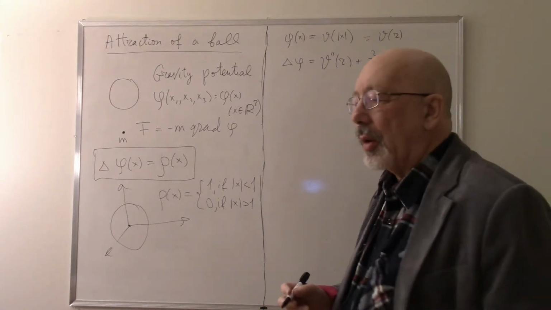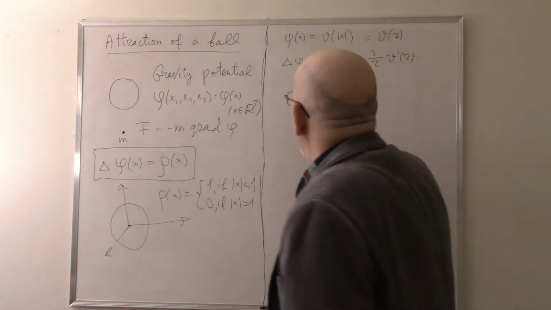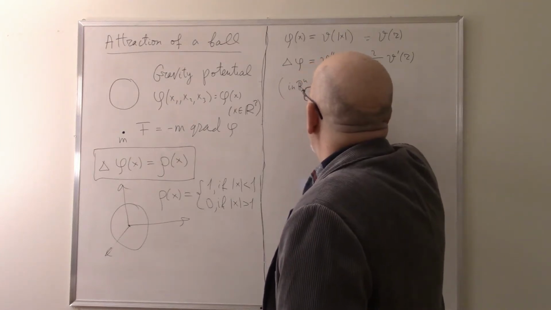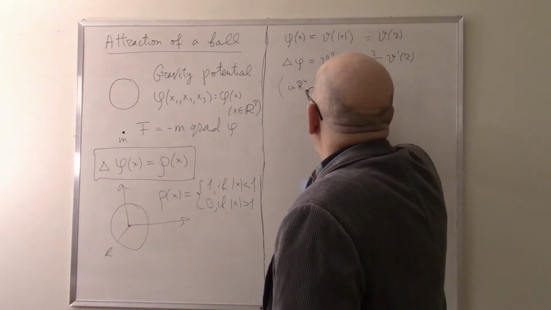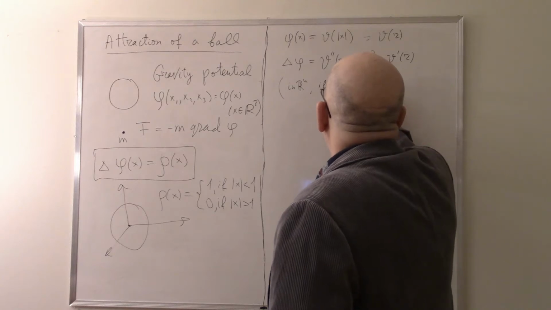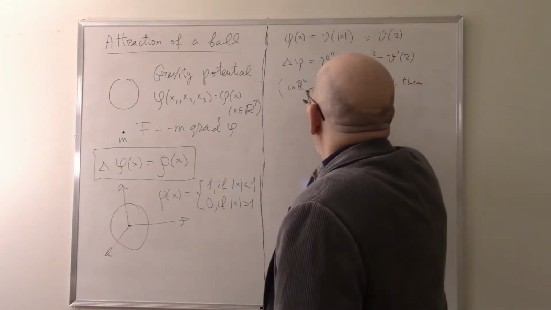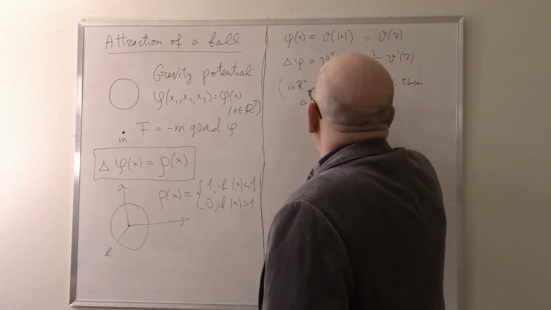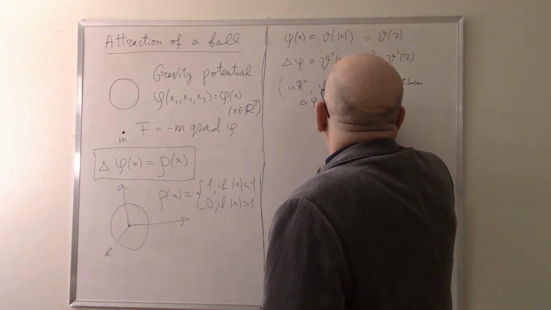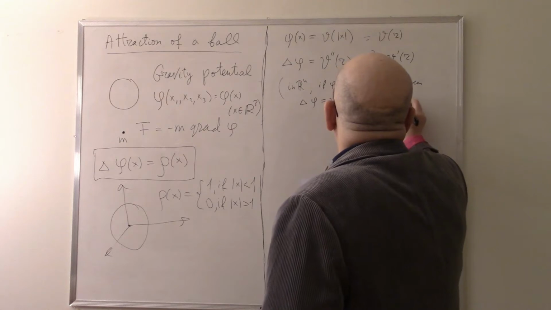So, why so? Because we already derived a formula which works in any dimension. In R^n, if phi of x equals v of modulus x, v of r, then Laplacian phi equals v double prime of r plus n minus 1 divided by r v prime of r.